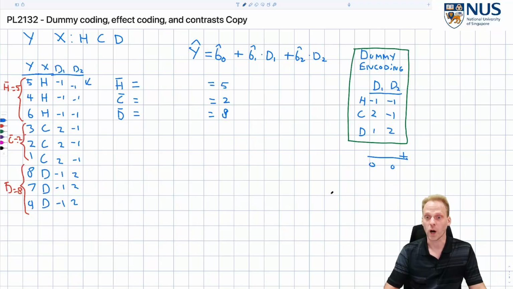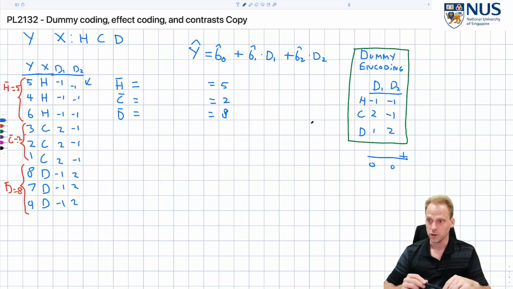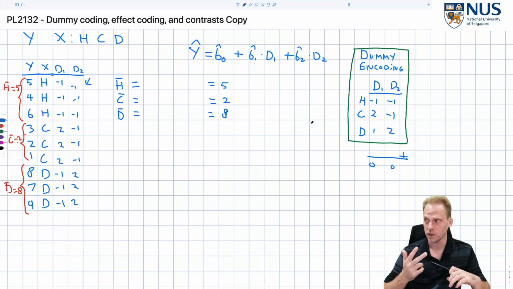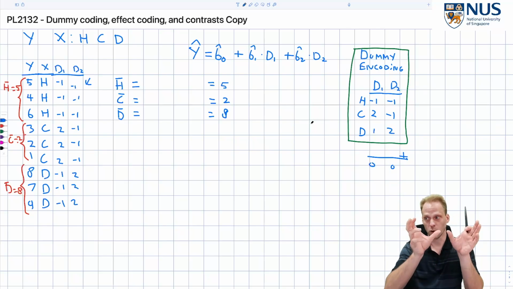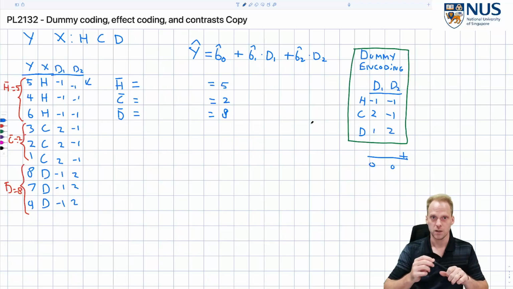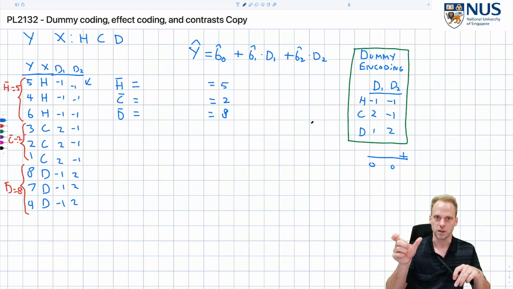Now the reason why this is done is because if you do a two-way or three-way or four-way ANOVA, the significance of the main effect is based on type 3 sums of squares, which is based on the idea where you run the model with and without that main effect, and you still have an interaction effect there.